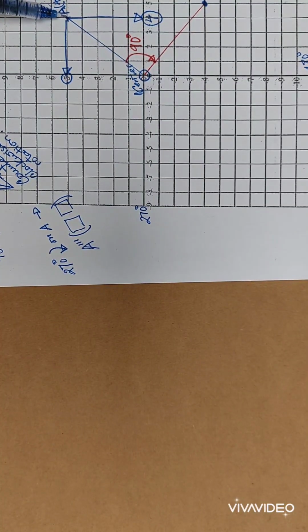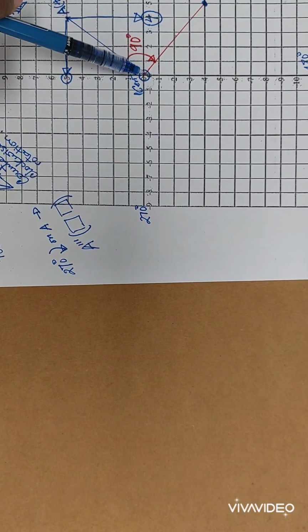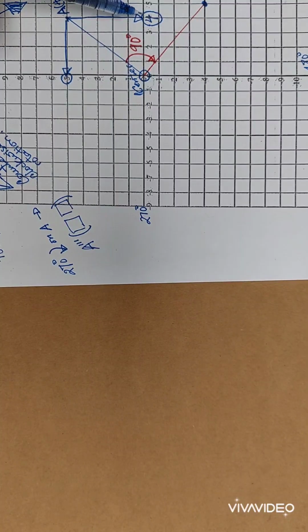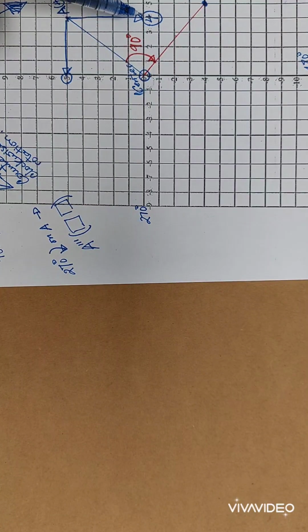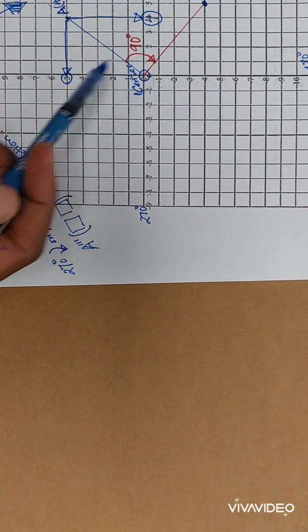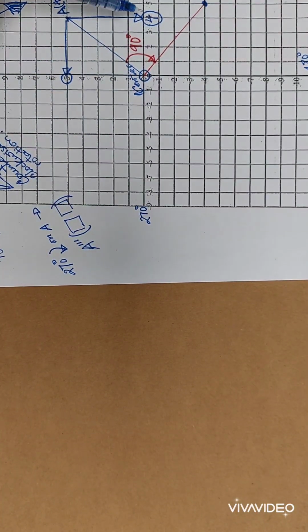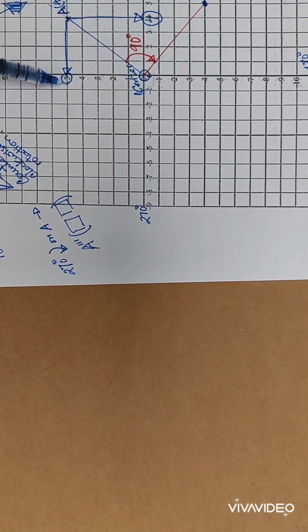Okay, I read the x coordinate of my A. It says 4 right here, but I know this 4 is not positive because this is the left side of 0. So it will be -4 for x, and my y says 5 here. It is not 5. This vertical line below 0 is always negative, so it will be -4, -5.